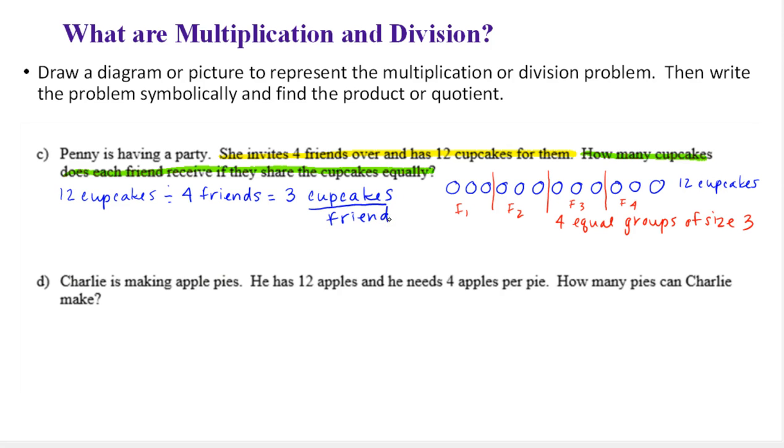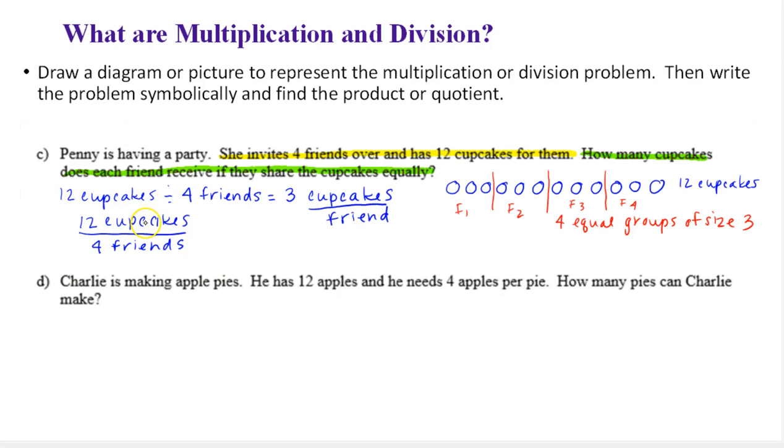Okay. So notice the units here, and to show you one way we could think of this as making sense in terms of units, we can also write division as a quotient in fraction form. We would write it as 12 cupcakes over, divided by, 4 friends.